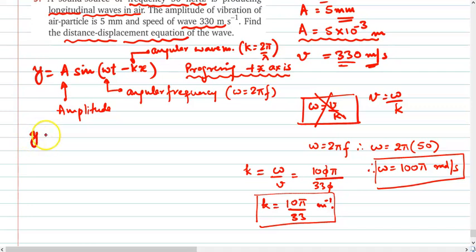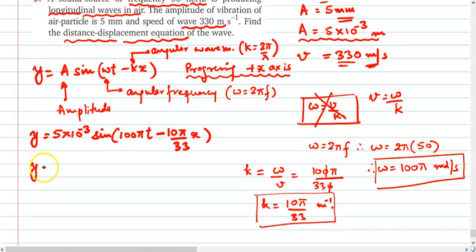y is equal to a. How much is a? A is 5 into 10 to the power of minus 3 sin, what is omega? Omega is 100 pi radians per second into t minus k. K की value निकल के आ गई. We have got it as 10 pi upon 33 into x.